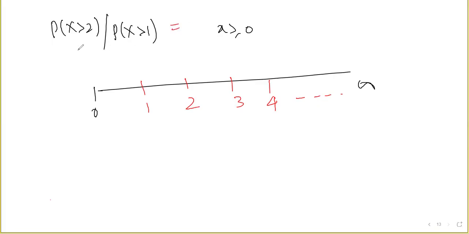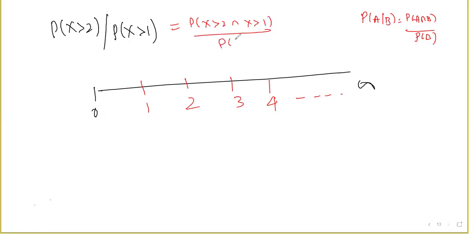It is our conditional probability concept: probability of A given B is equal to probability of A intersection B divided by probability of B. Here, instead of A, we have probability of X greater than 2 intersection X greater than 1, divided by probability X greater than 1.